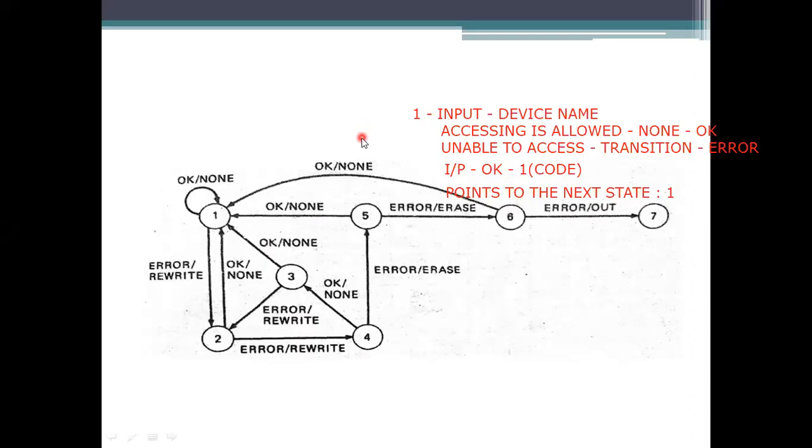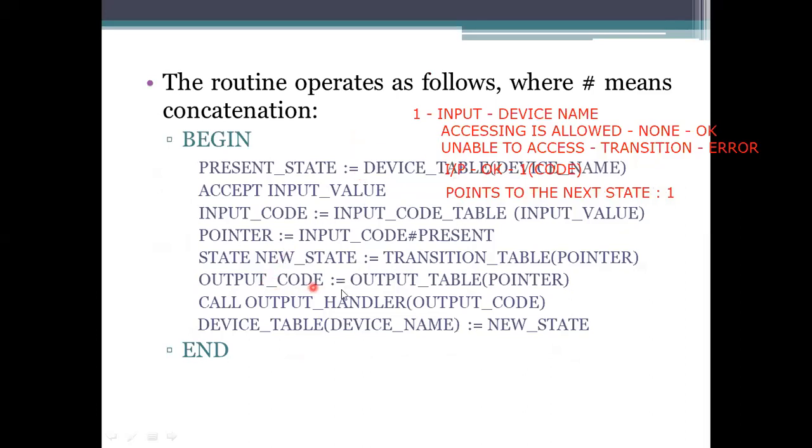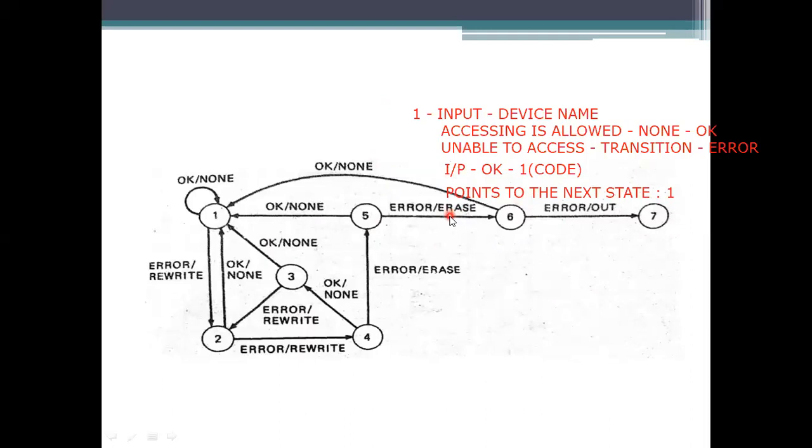And coming to the next one, the output code. What I have to perform here is nothing. If something had to be performed, we would need to call up the handler here, but there is no such specification here. So we do not need to do anything because it is completely working here. No need to perform any task, and we need to update this device's next state.